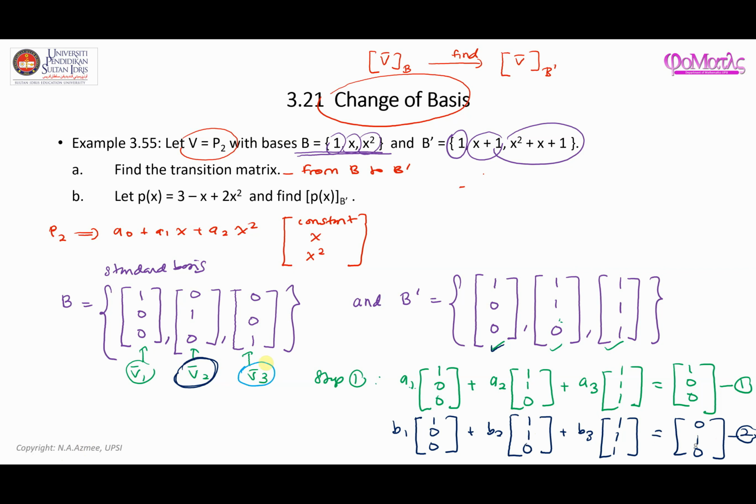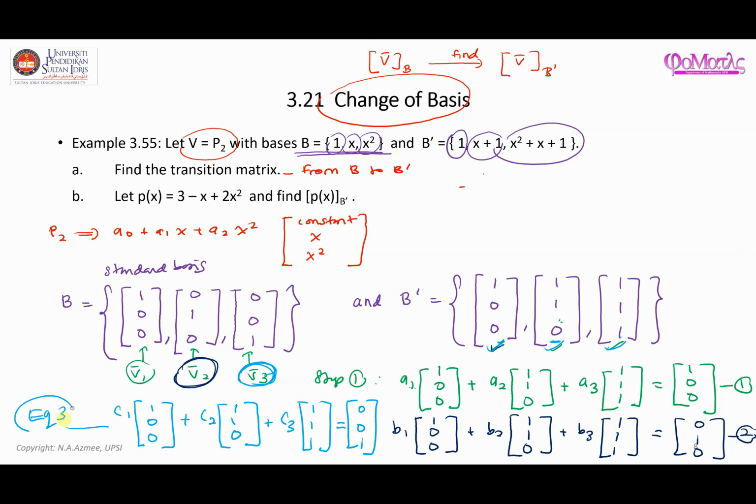Next is to write the last vector in terms of the combination of all three vectors. I have c1 times 1, 0, 0, plus c2 times 1, 1, 0, plus c3 times 1, 1, 1, must equal the last vector, 0, 0, 1. So that is the starting point, and I'm going to call this equation 3.